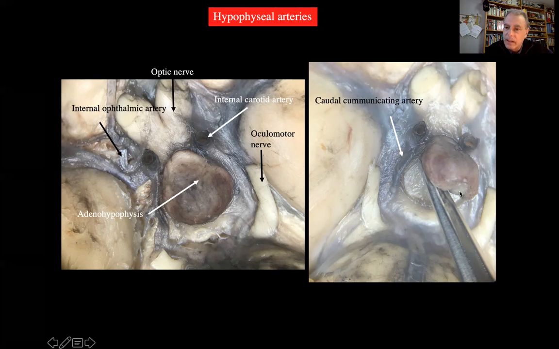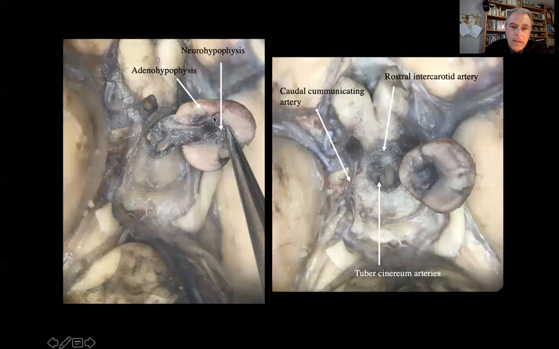We began the dissections, we elevate the hypophysis, and we identify clearly the caudal communicating artery, running from the internal carotid artery up to the basilar artery. As we pull the hypophysis, we see a lot of vessels entering at the level of the neurohypophysis.